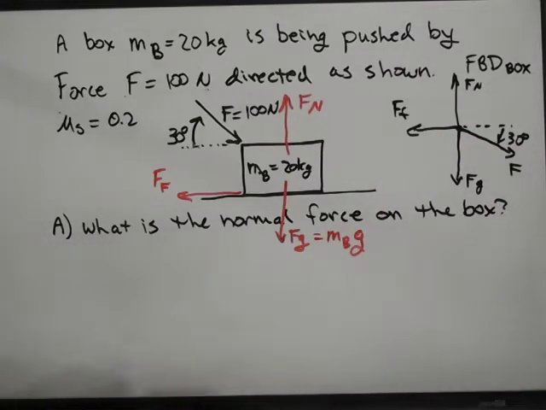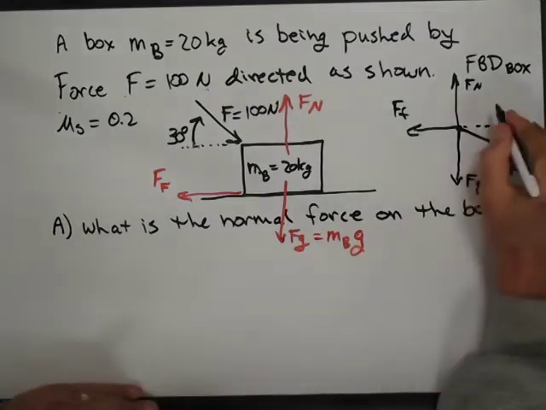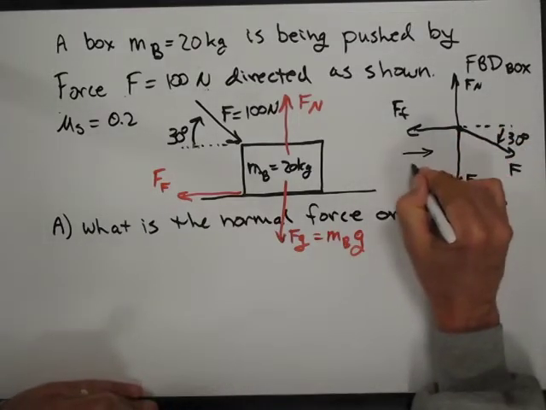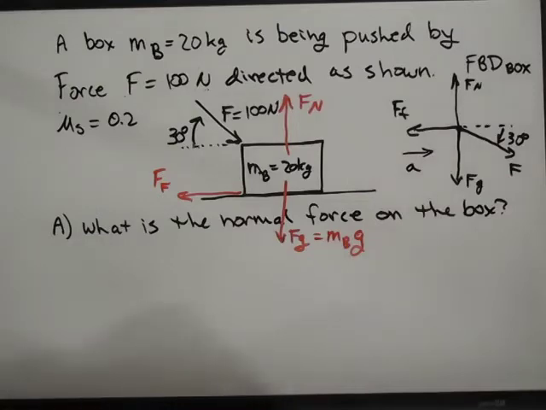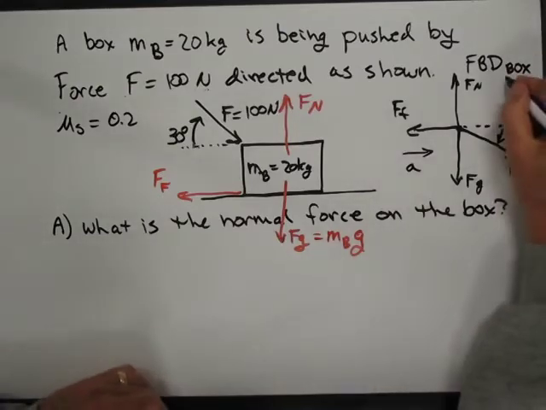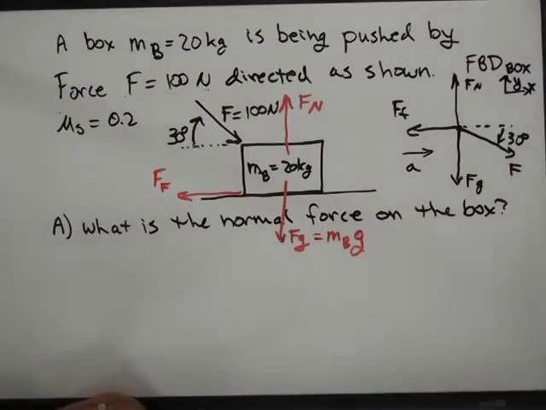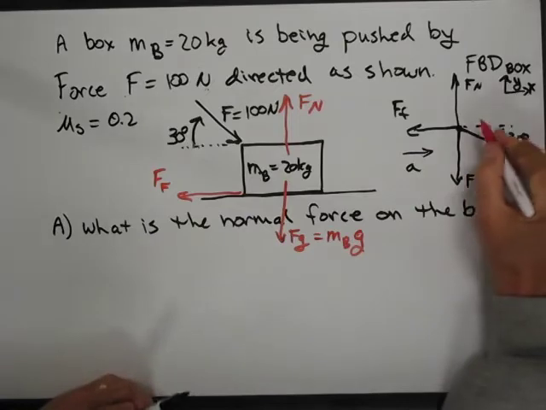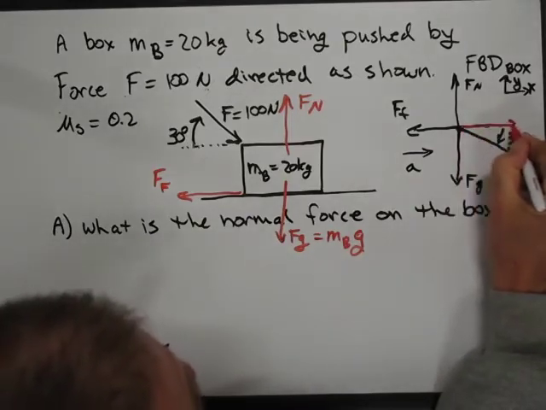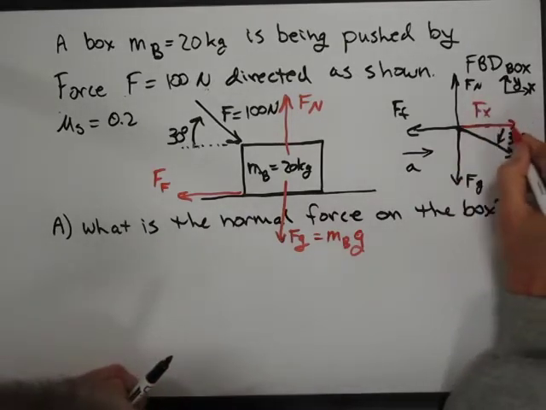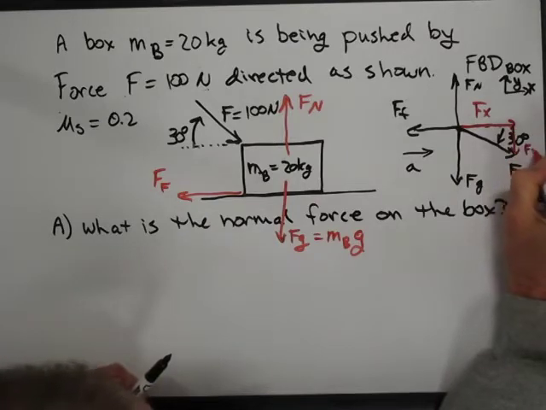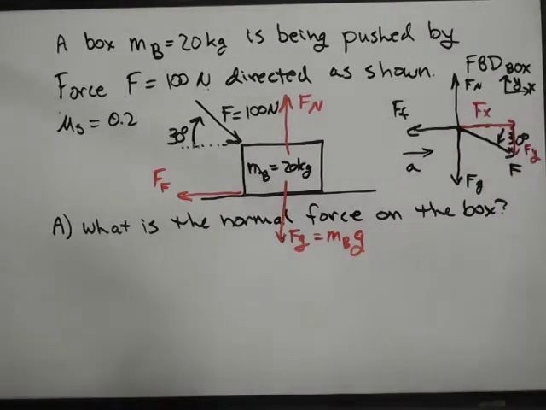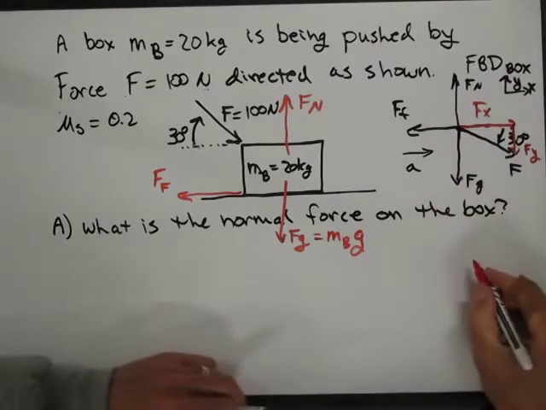So now I can say, look, this thing's going to accelerate to the right, probably, if it accelerates. And so I'm just going to pick a coordinate system that's going to look like that, right? Y and X. And so the only thing I have left to do is, since this guy is not along an axis, I have to find an Fx and an Fy, so that all of my forces are on coordinate axes.